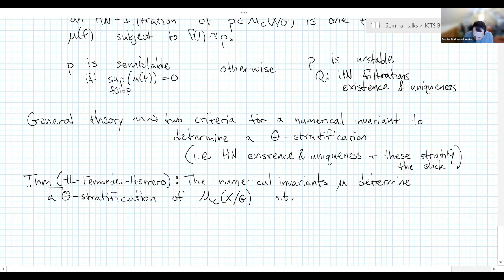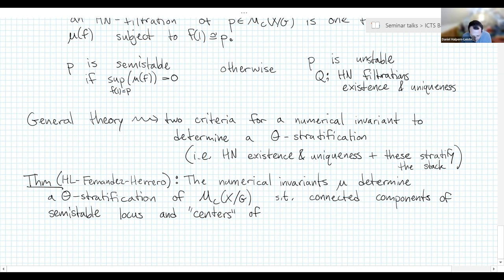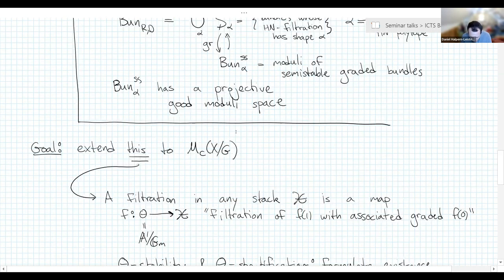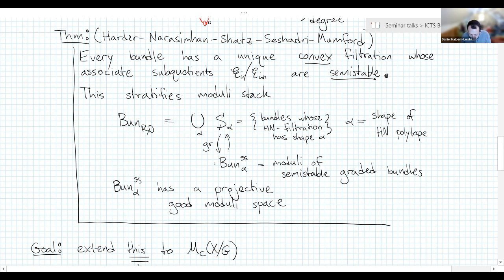such that the semi-stable locus, I should say the connected components of the semi-stable locus and the centers of the unstable strata. So that's referring back to my example of vector bundles on a curve. The strata are these bundles with a fixed Harder-Narasimhan type.